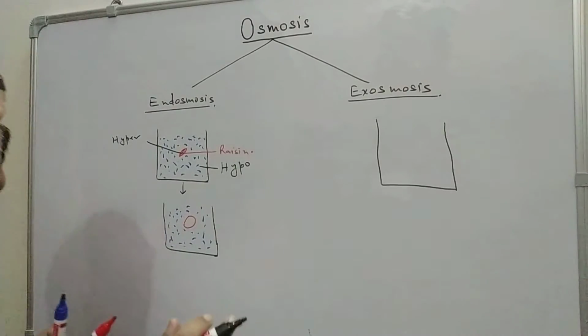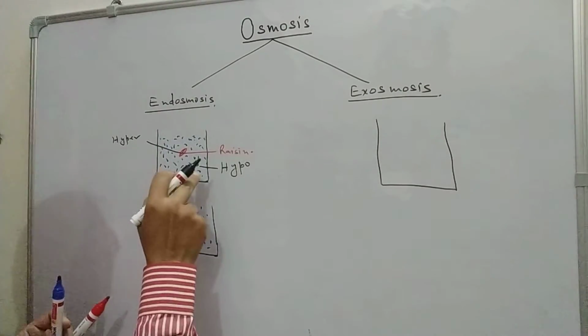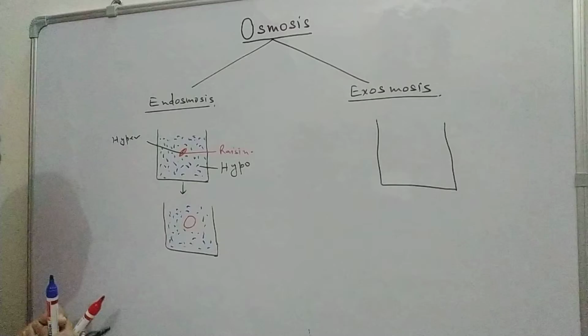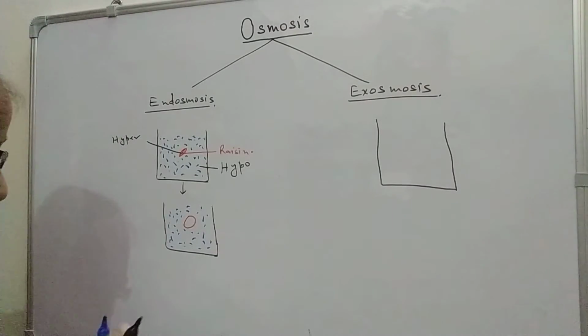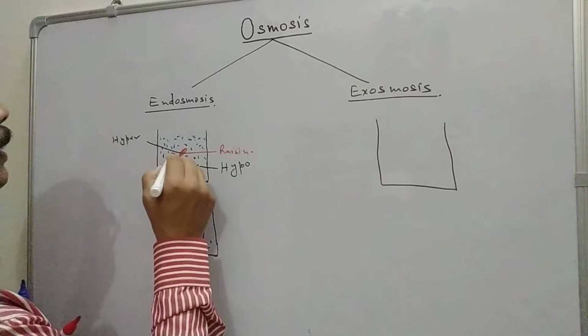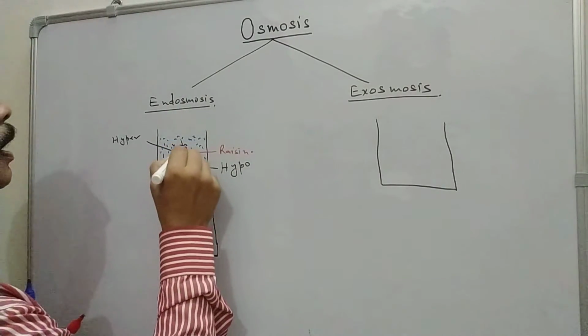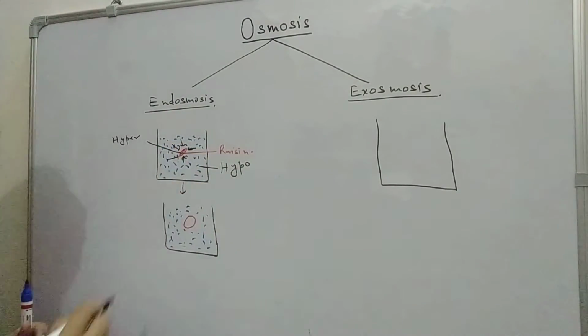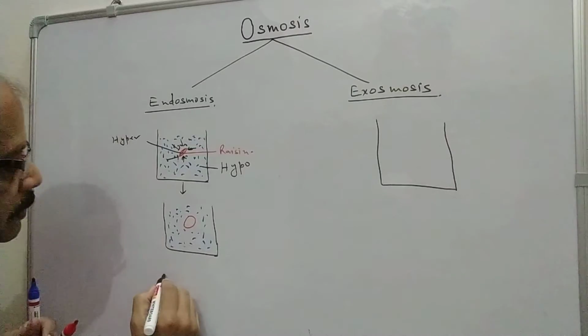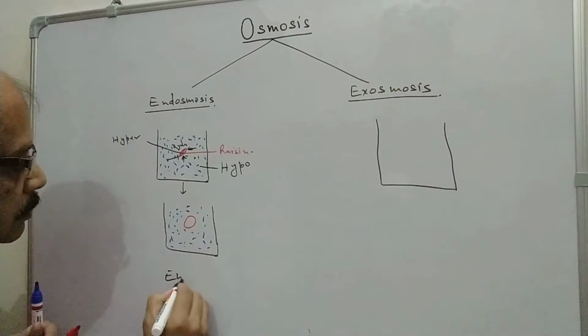So the water will enter inside the resin. When water enters inside the cell, such osmosis is known as endosmosis.